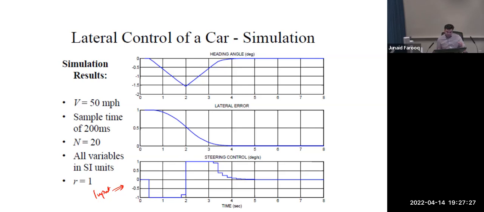Right, so you see what is happening. The driver is turning the car and then bringing it back. So if this is the lane and the car is moving here, you want to do a lane changing maneuver. So basically you turn, your angle becomes, let's say negative. And then at this point, you turn back. So the angle becomes positive. But this is the output of the controller, right?